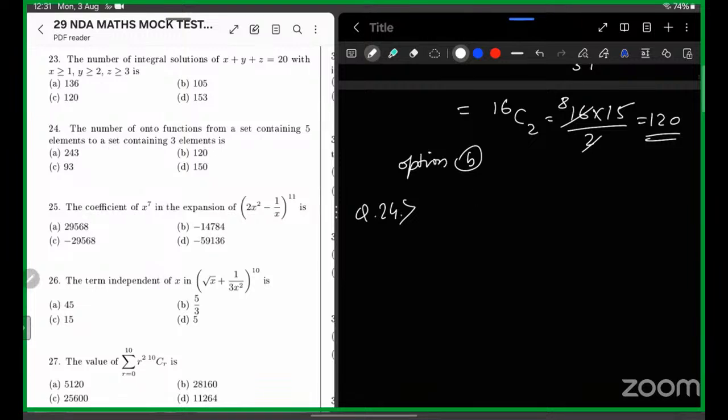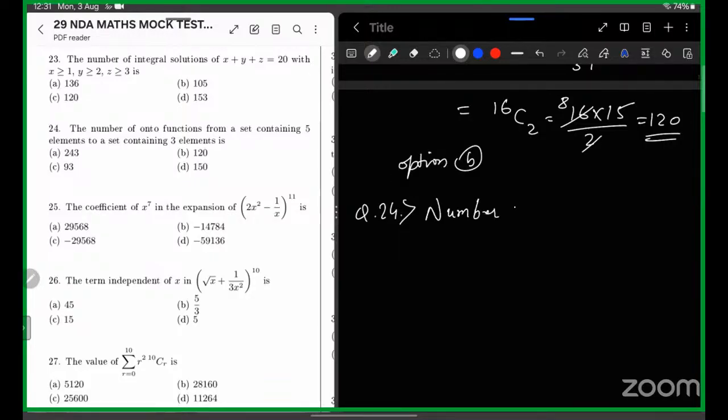ओके, there is one formula for finding onto functions. onto functions के लिए रेंज एंड कोडोमेन मस्ट बी इक्वल. तो रेंज एंड कोडोमेन इक्वल चाहिए, उसके लिए कौन सा फॉर्मूला अप्लाई कर सकते हैं? ये फॉर्मूला यूज कर सकते हैं हम.